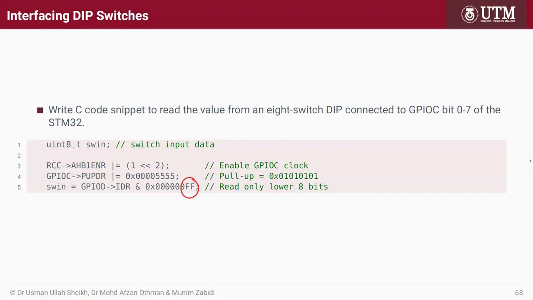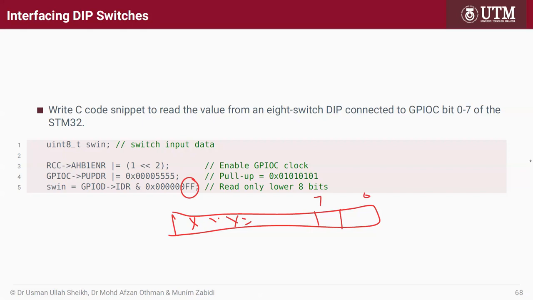Let's say only the lowest 8 bits are useful. So you read IDR like that, and you don't care about the rest. You only need the lowest 8 bits, bit 0 to 7. So you have to mask it. This is what happened here. You only keep the lower 8 bits and ignore the remaining bits. But you still have to read the whole port in one step.